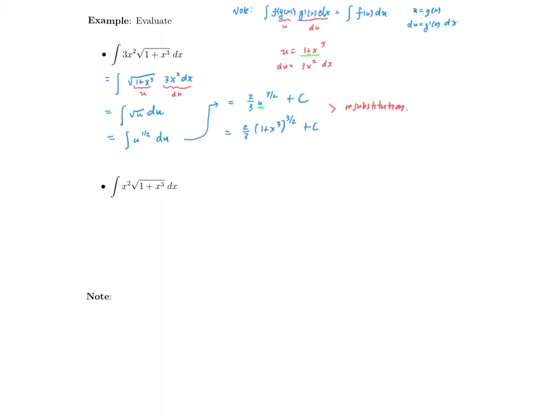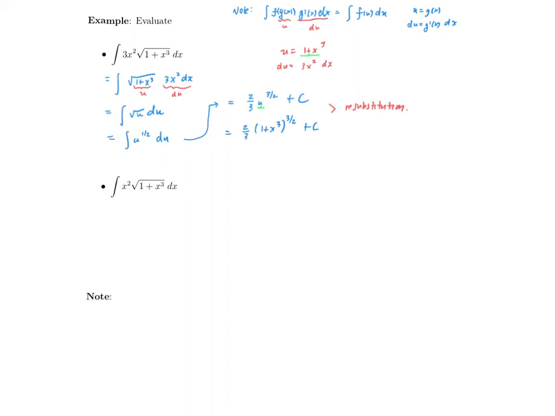Let's now investigate a slightly different example. What if we don't have that 3 and it's simply x squared times the square root of 1 plus x cubed? Well, the idea is exactly the same. There's no way we can manipulate this integrand algebraically to apply our common anti-differentiation formulas, so the only remaining possibility would be a substitution.